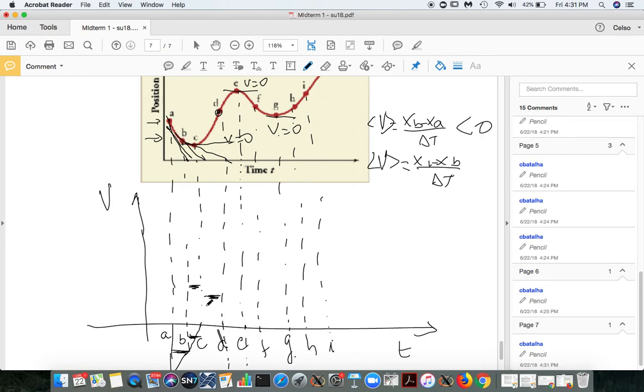And then from C to D, it keeps growing. The slope is positive but keeps growing. See that? And then it gets to point D where it's maximized, and then it starts diminishing all the way until it becomes zero again.